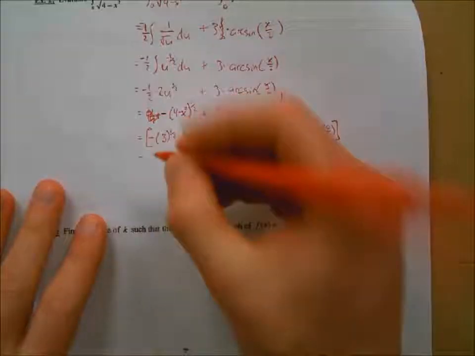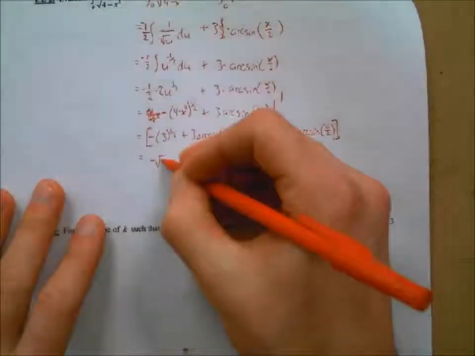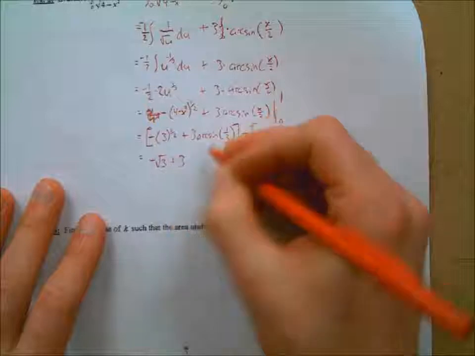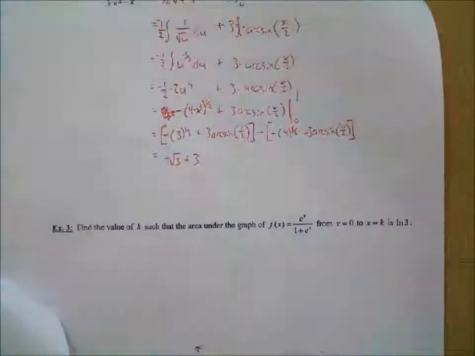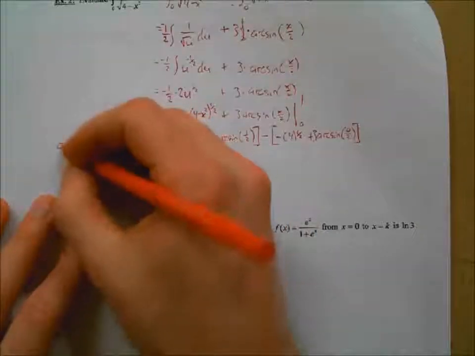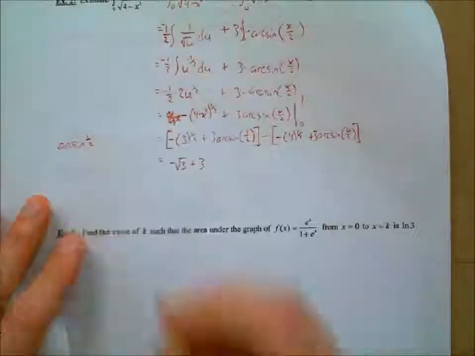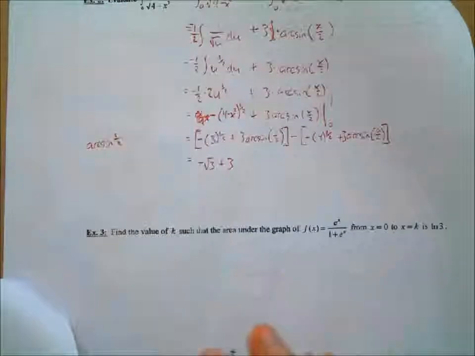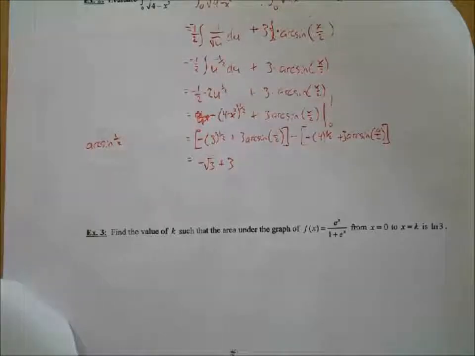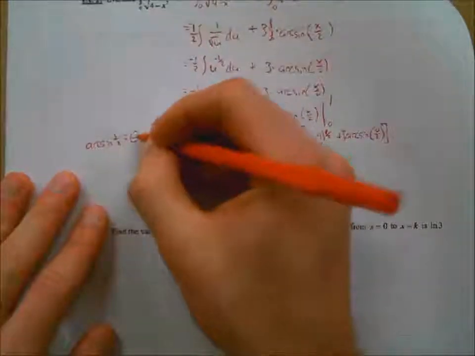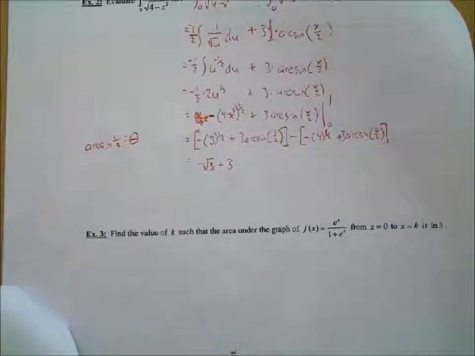So this is then negative square root of 3 plus 3 times the, oh man, we got to remember how to evaluate inverse trig. Well, let's go back here now. If we're trying to evaluate arcsine of 1/2, our answer is going to be some angle theta. For inverse trig, you plug in a ratio, you get out an angle.